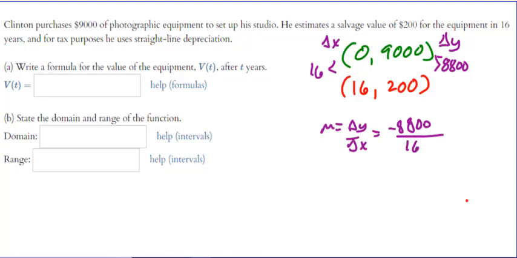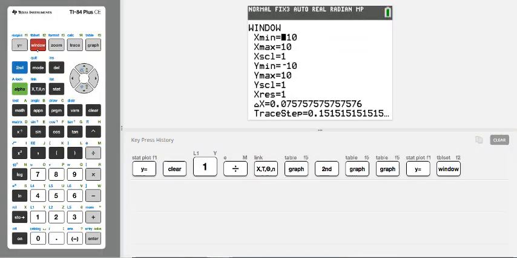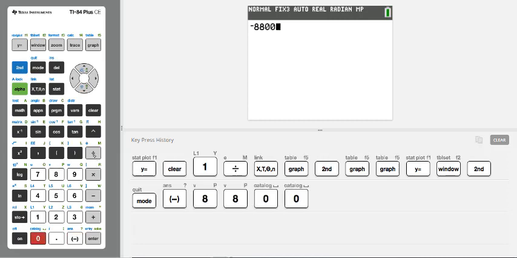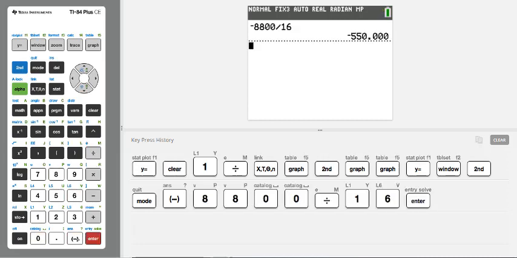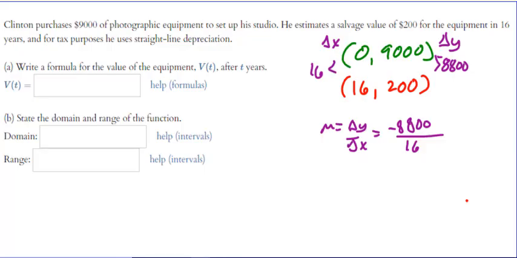And let's see what that is. Negative 550. So the slope is negative 550. It went down $550 every year.